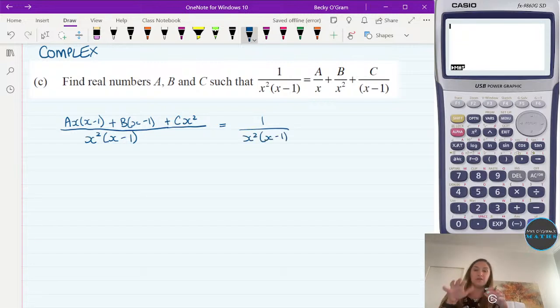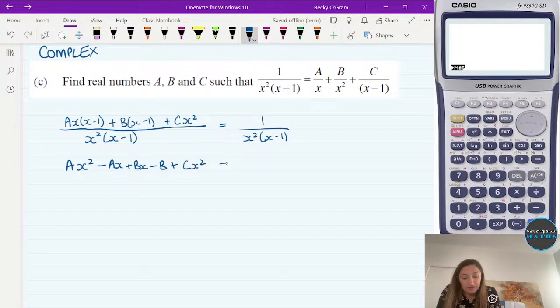Which means that if those two denominators are the same, then the numerators are equal to each other. So we have, on the left-hand side, if I multiply that out, we get ax squared minus ax plus bx minus b plus cx squared is equal to 1. Now let's just compare the left and the right with the different portions that are in there.